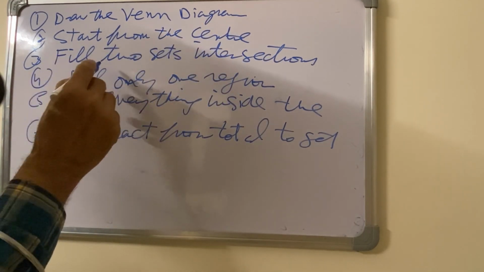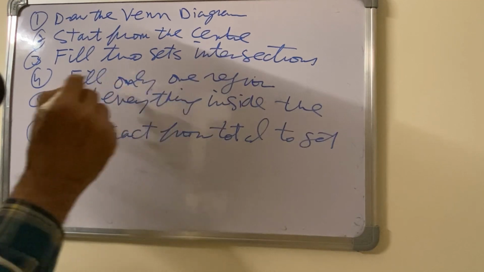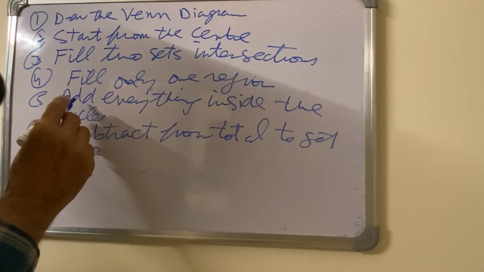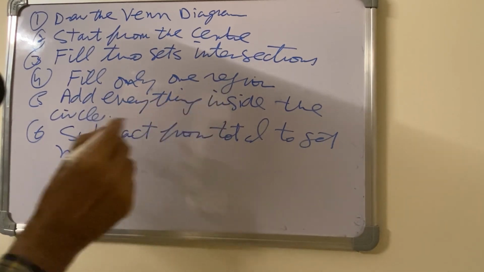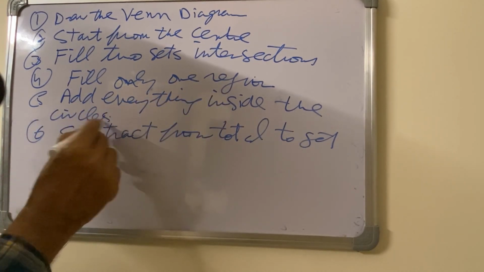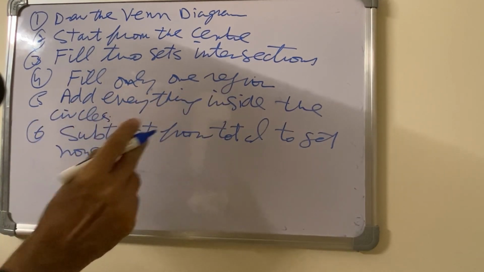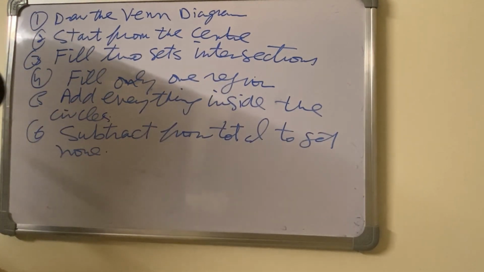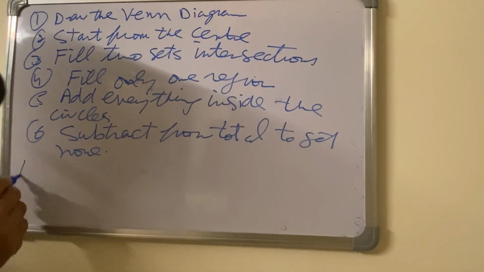Then fill two sets intersections. Then fill only one region. Then add everything inside the circles. Then subtract from total to get none. So to clarify this, we are taking an example.